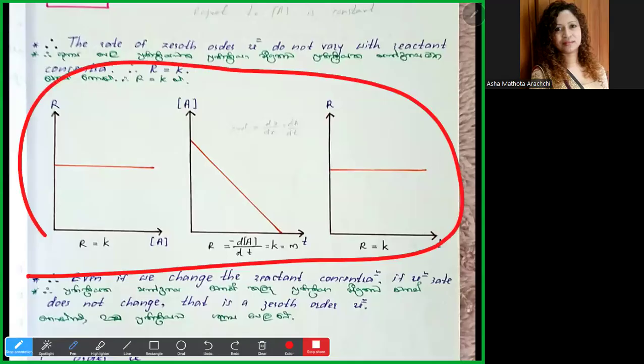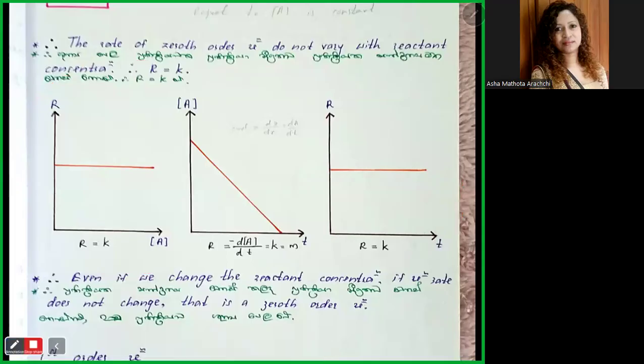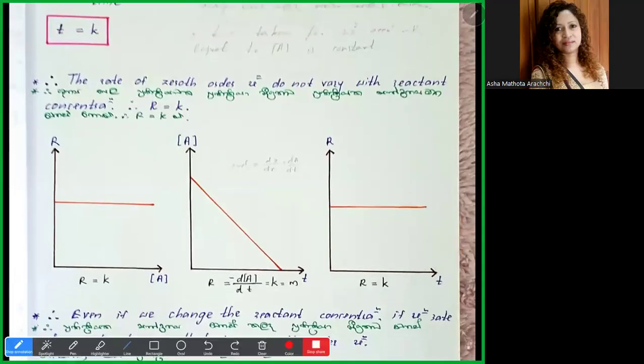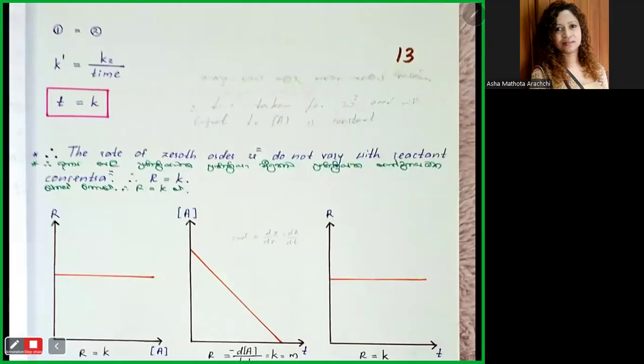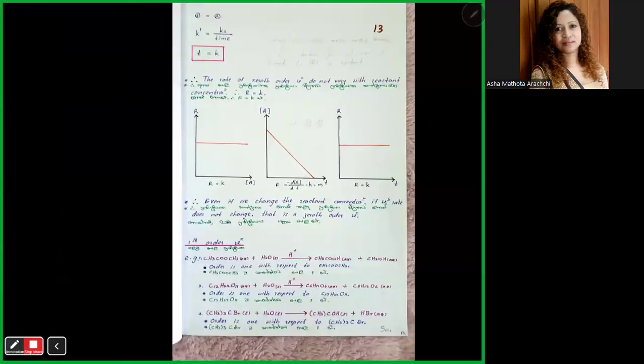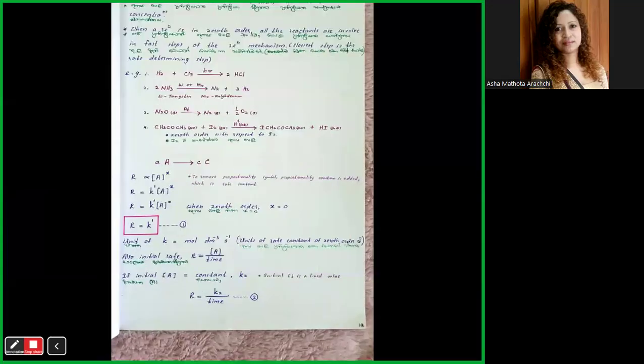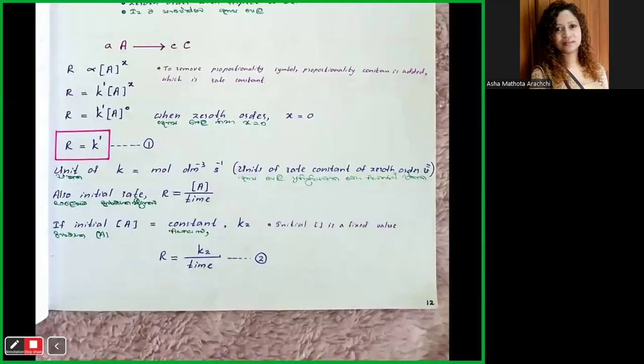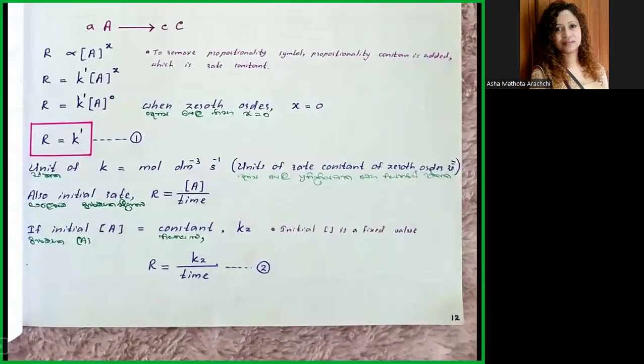Is this clear? Okay, Nidula, I'll come to you. Just hang in. Let's write this point. Did you write up to here? Copy this down. Copy everything. Let me talk to Nidula for a second.